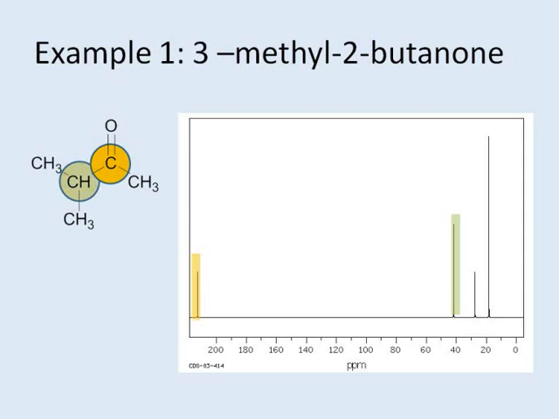The remaining 2 upfield peaks are the CH3 groups. The 2 CH3 groups on the left-hand side of the molecule are chemically equivalent, and are furthest downfield because they are further away from the carbonyl group. Because the CH3 group on the right hand side of the molecule is adjacent to the carbonyl group, its peak is moved slightly downfield.